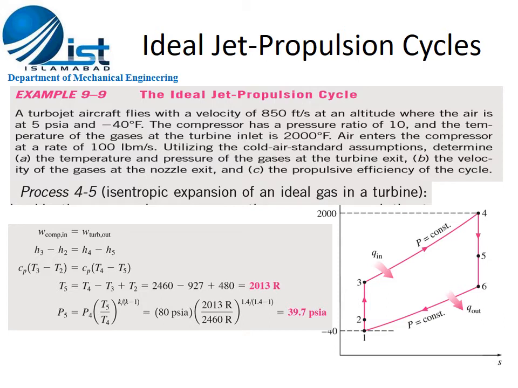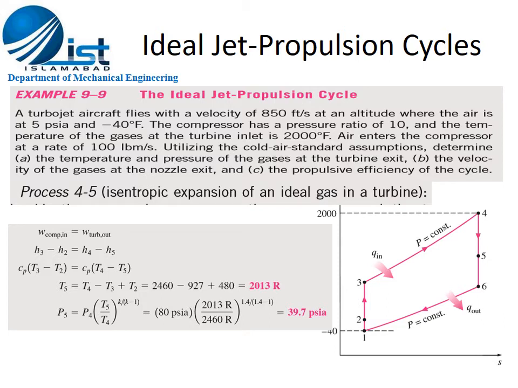So our first part is completed, because we have to find out the temperature and pressure of the gases at the turbine exit, and point number 5 is the turbine exit. So at point number 5 we have calculated temperature T5, 2013 R, which was our requirement, and pressure P5, 39.7 psia, which we had to find out for part A.